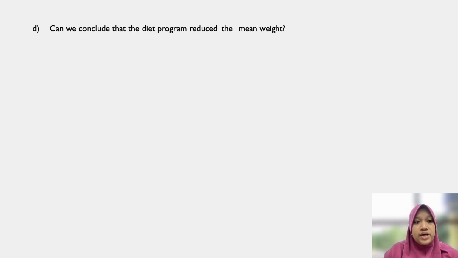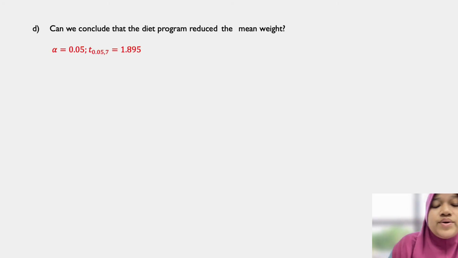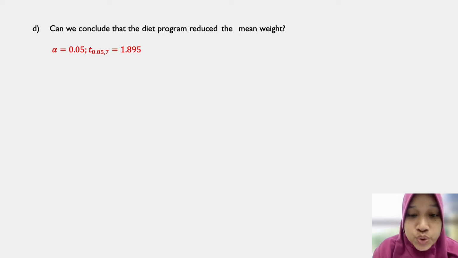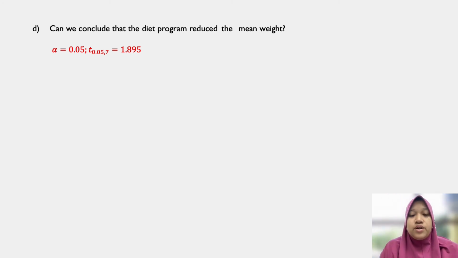Okay, D, can we conclude that the diet program reduced the mean weight? So you have two choices here. Either you compare the test statistic with the critical value, or you use the p-value approach.